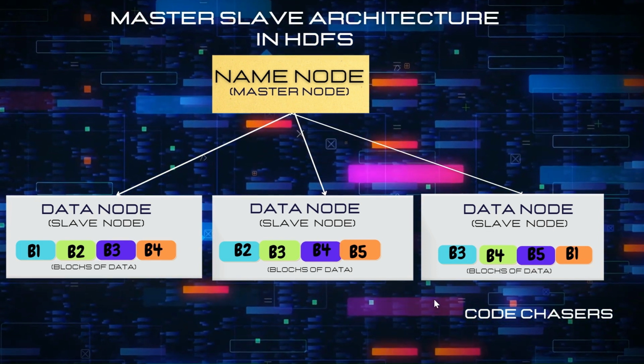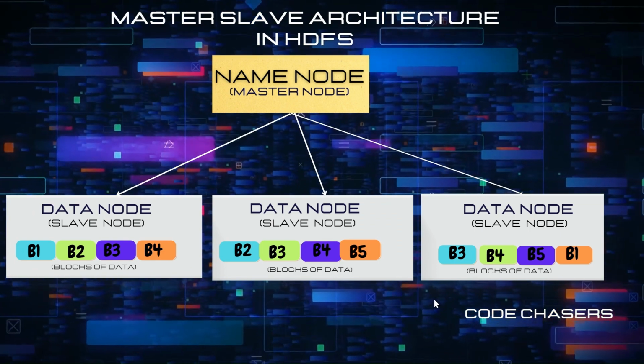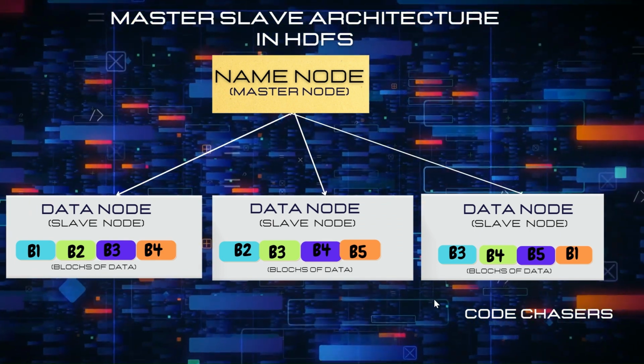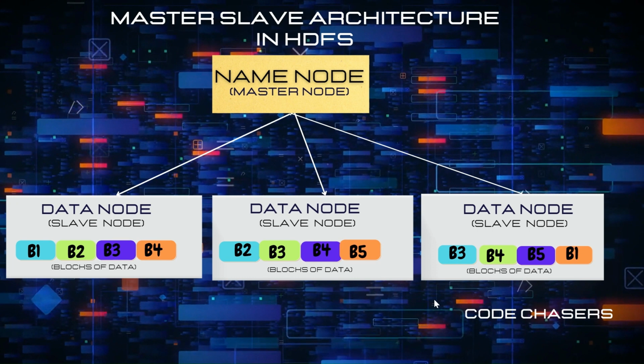As the name node contains metadata of the whole cluster, the name node is a very important part for us, so the name node has to be enterprise hardware. What is enterprise hardware? Generally, in the market there are two types of hardware: commodity hardware and enterprise hardware. If we take commodity hardware, the probability of failure is, to keep it simple, that if we take 10 commodity hardwares, there is a probability that one among those 10 can fail.